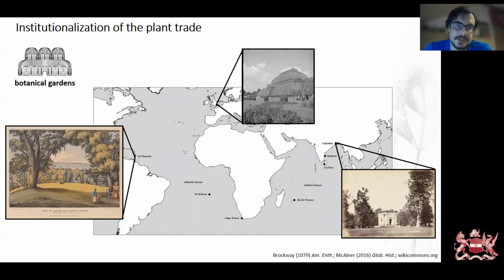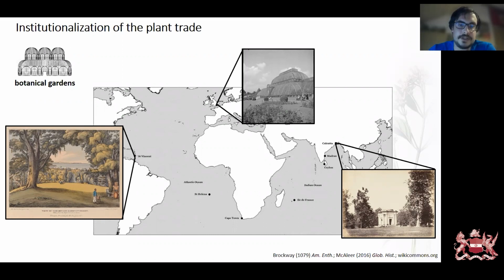Key duties of botanical gardens during the European empires were the test, cultivation, and transport of plants with economic benefits mainly in the beginning. And in 1759, for example, Kew began with its cultivation of tropical crops and medical plants from the tropics, especially cinchona, sugar, tea, and other species.